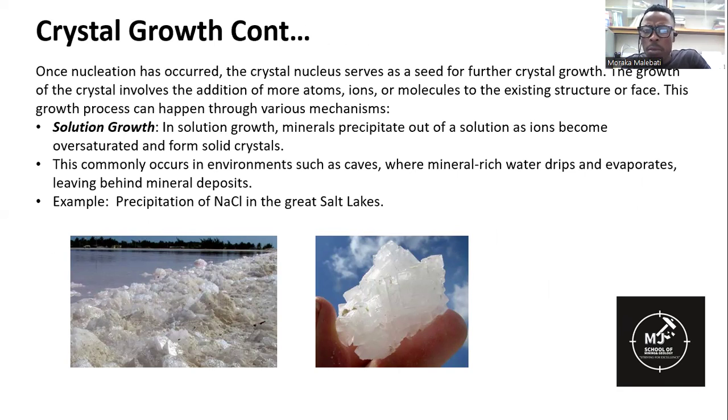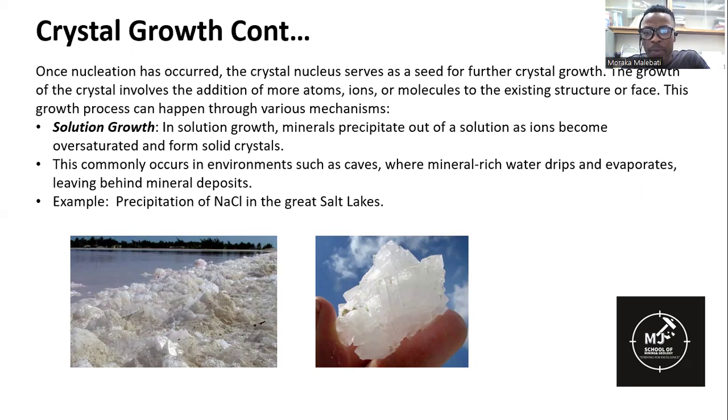So solution growth, for example, if you go to the lakes or the oceans where we have low rainfall, that is to say, the amount of evaporation must be more than the amount of rainfall. Okay, so in environments where rain is low and it's very hot, especially in environments with shallow waters, that water must be saline.